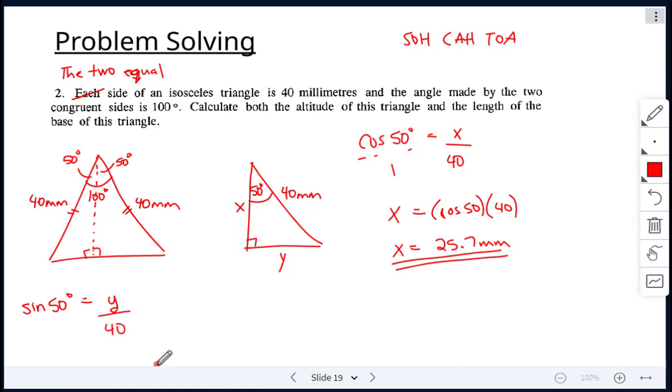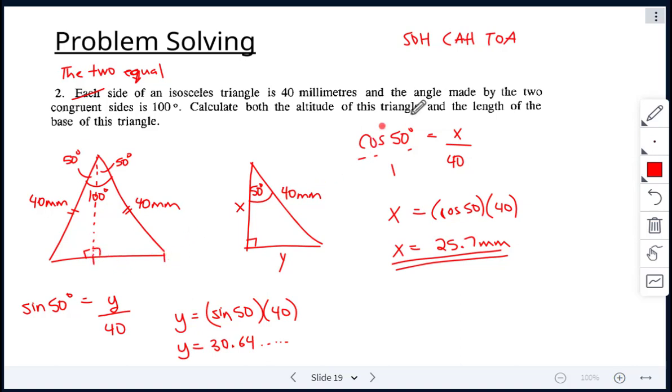All right, and then to solve for y, cross multiply, y is equal to sine 50 multiplied by 40, and we end up with 30.64, and it goes on.